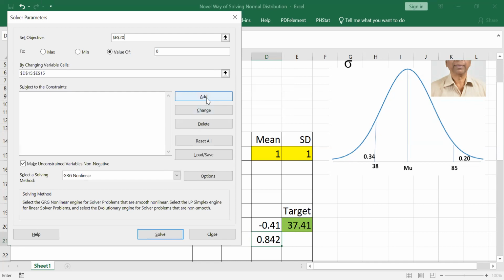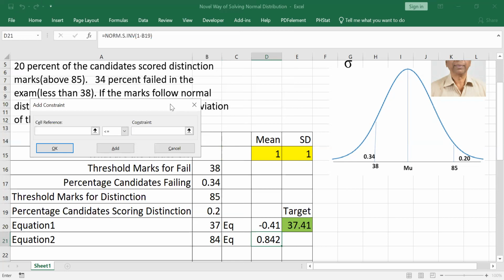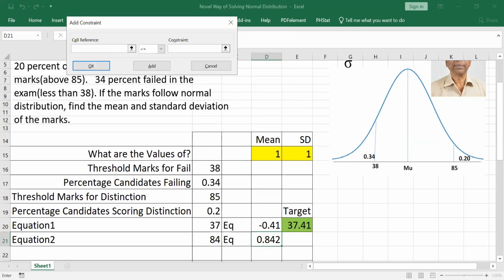Subject to constraints. Is there a constraint? Yes. What is the constraint? The first equation, we have made it as a target. The second equation, left-hand side, must be equal to. Excel has less than, equal to, greater than equal to, integer, and so on. We want to make this left-hand side exactly equal to the right-hand side, which I put here.